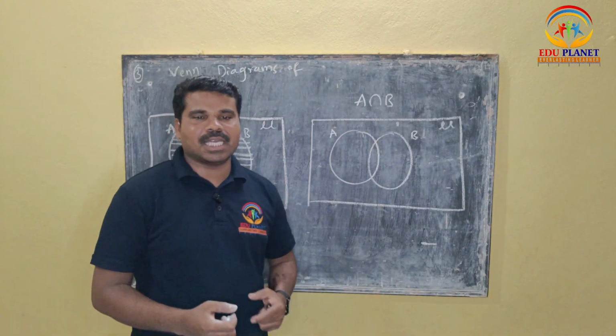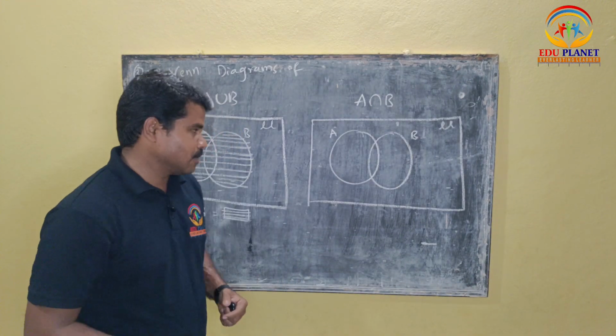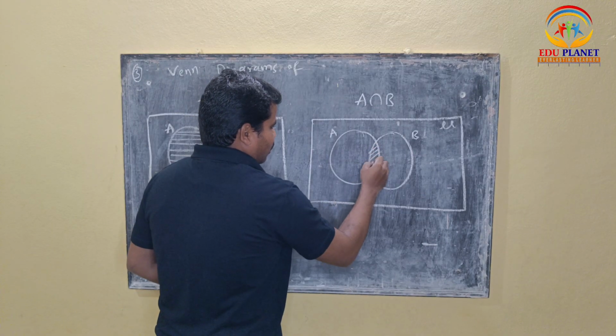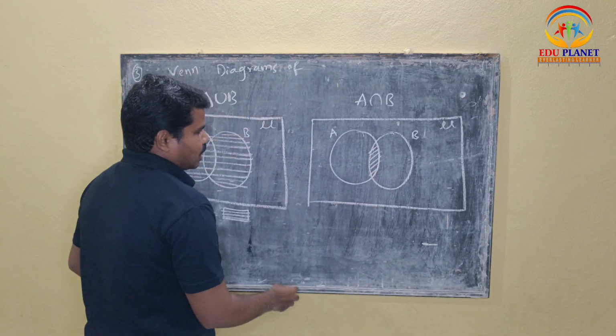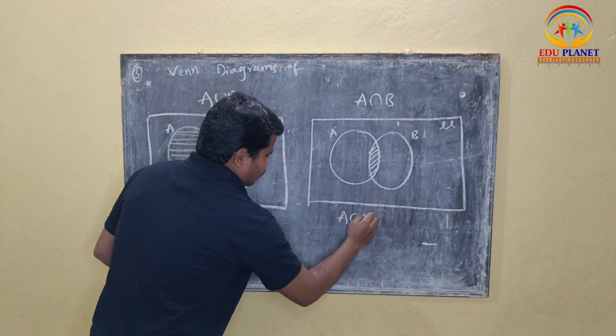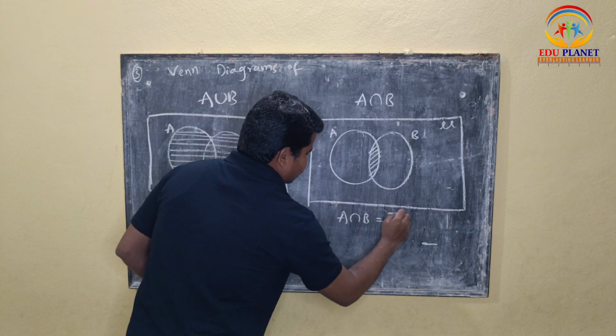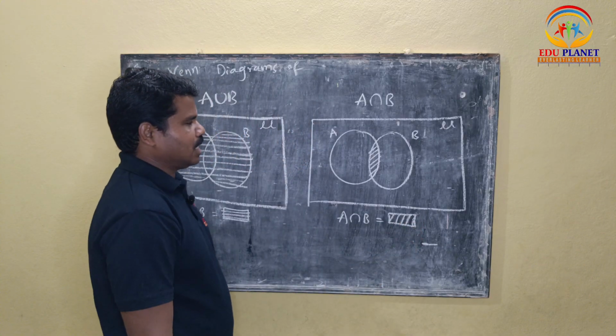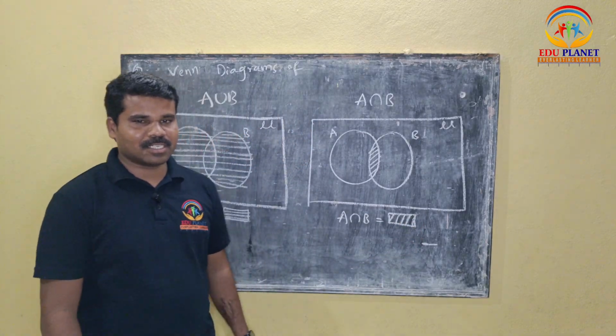Intersection means the common area in both sets. That common area, see, I am shading with diagonal lines or slope lines. So this diagonal lined area represents A intersection B.